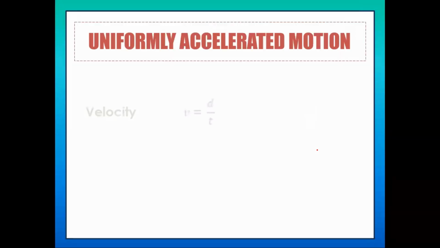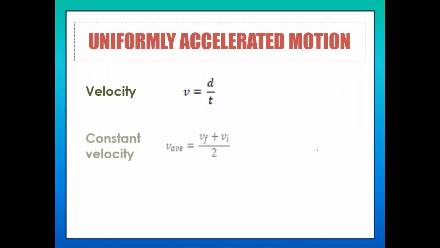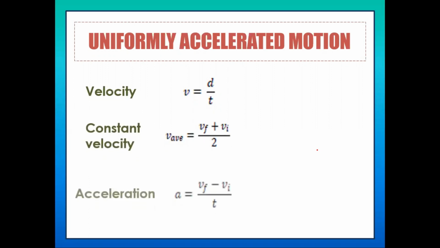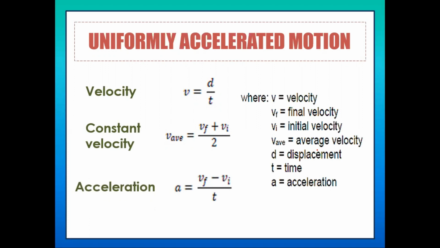To derive the formulae needed in uniformly accelerated motion or UAM, we will be using the formula for velocity, constant velocity, and acceleration. So where V is for velocity, V sub F is for your final velocity, your V sub I, that is for your initial velocity, V sub AVE, that means average velocity, and the D here means displacement, T time, and A is for acceleration.